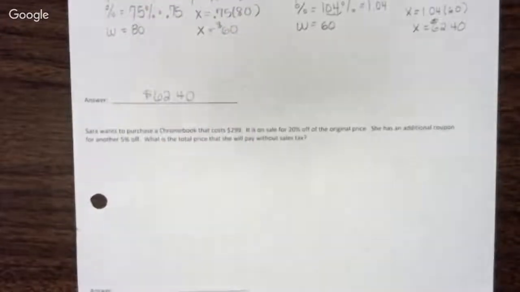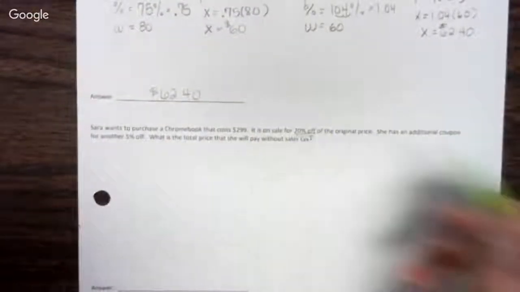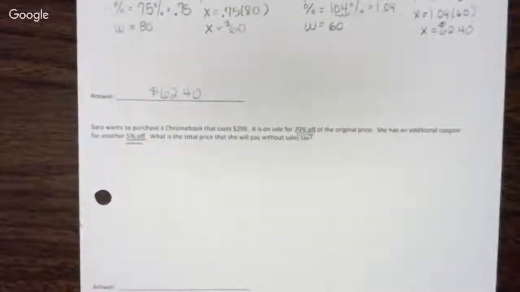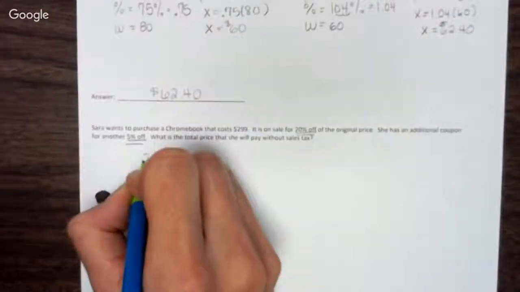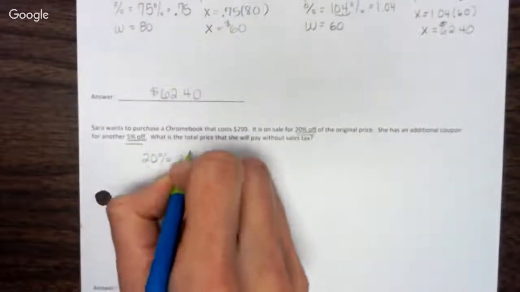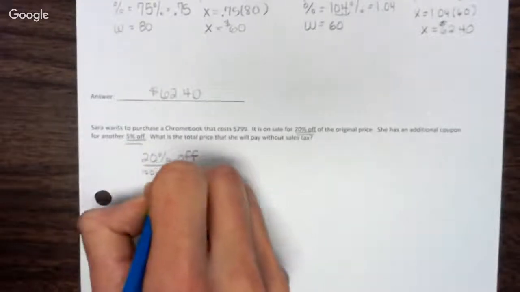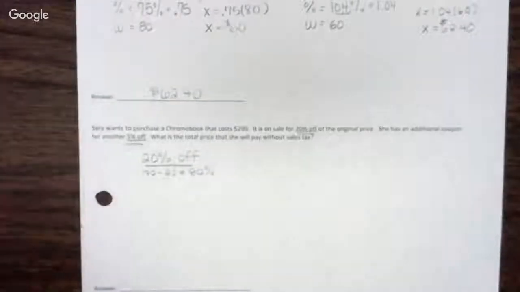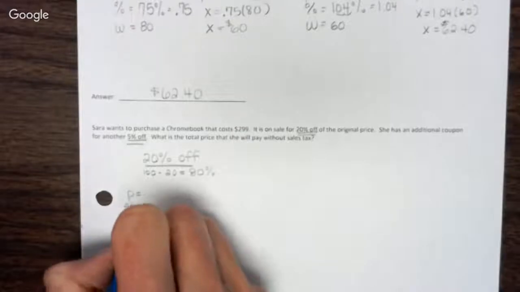All right, last one. Sarah wants to purchase a Chromebook that costs $299. It's 20% off, and she has another 5% off coupon. What is the total she will pay without sales tax? So two percentages, two problems. Let's do 20% off first. 20% off means we're taking 20% off of the price, which means we're paying 80%. So I'm going to set up part, percent, and whole.